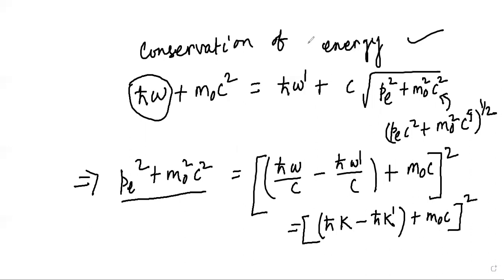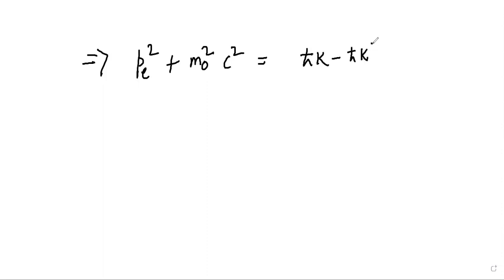Fine. Let us now rewrite it again to further simplify it. From this equation, we can write what pe squared is, taking m0 squared c squared to the right hand side and then opening the bracket. Let me rewrite the previous equation once again: m0 squared c squared equals h bar k minus h bar k prime, plus m0 c, and then whole squared, right?